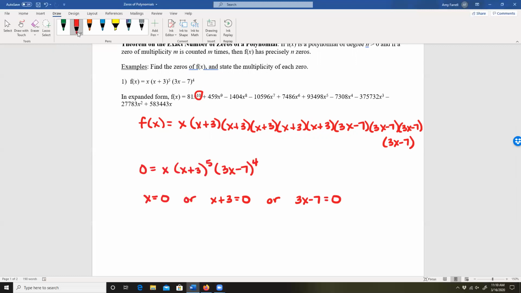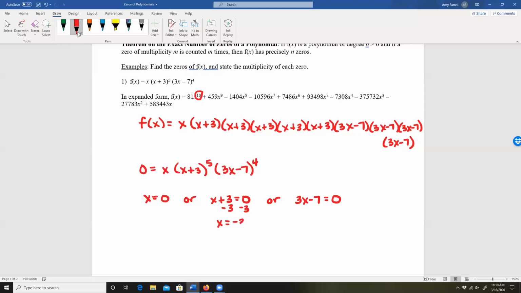Now, I dropped the exponents because, as we see above, if I'm raising x plus 3 to the 5th power, that's just 5 factors of x plus 3. And each of them is going to have the exact same solution.